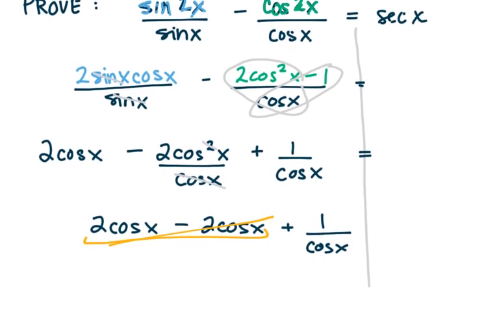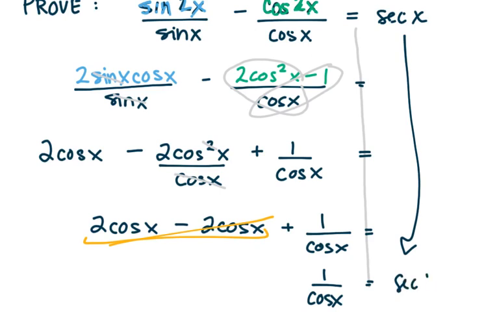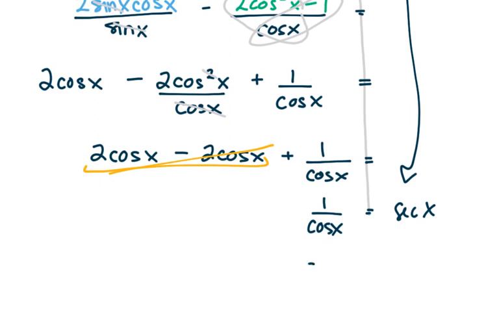I'm left with 1 over cosine x. And is that equal to what I'm trying to get? Secant x? The answer is yes, it is. So I'll do one more step to show that they're equal, and I've got secant x equals secant x, and I'm done. So I end it with a therefore.